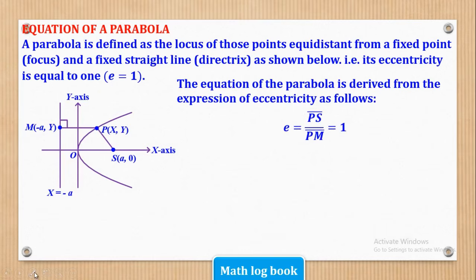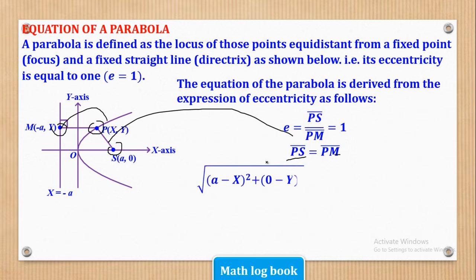So we start from what we know, that the eccentricity is equal to 1. Then when you cross multiply, we shall get PS is equal to PM. The good thing, we know the distance between 2 points, the distance between P and S, and the distance between M and P. So the distance between P and S is given by this, and between P and M is given by that.